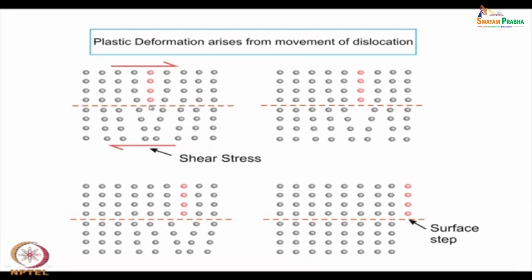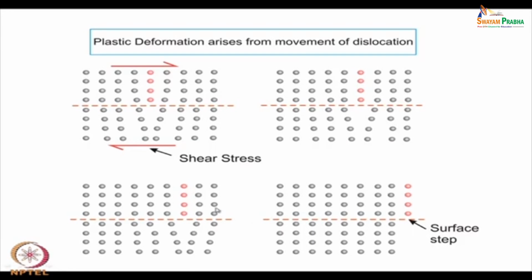Once you have an extra plane over here, this is the dislocation. Again, the dislocation here is a point, extending perpendicular to the surface of the display. So, these are all dislocations, and this is another point.